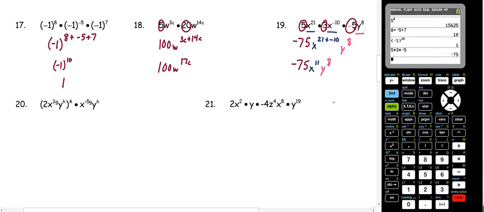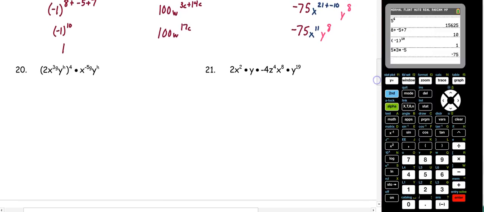Number 20. Now, there's a set of parentheses in number 20, so before I can do anything else, I need to multiply everything with an exponent of 4. Remember that 2 again doesn't have an exponent, so it's just a 1 there for now.